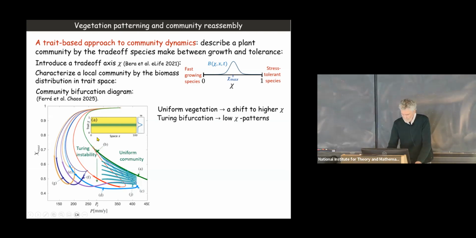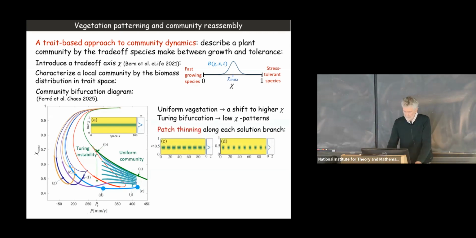But when patterns develop, if we follow this blue line, which represents the periodic pattern, we see that unlike the uniform community, which shifts to stress-tolerant species as precipitation decreases, the pattern community doesn't shift over a wide precipitation range.